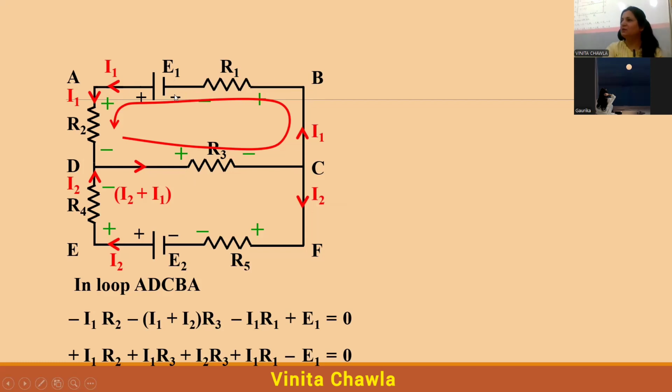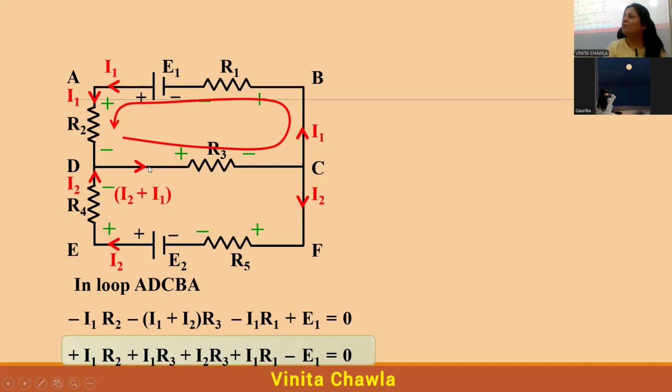Take E1 as positive and all these potential differences as negative, equal to 0. Now you can change the sign and write like this. So we'll take E1 as positive. Now this current is entering the resistor R2 and leaving from the negative of R2, and that's why we are writing I1 R2 negative. Now it goes to D at the junction. It meets with I2 and the current becomes I1 plus I2 in the wire DC.